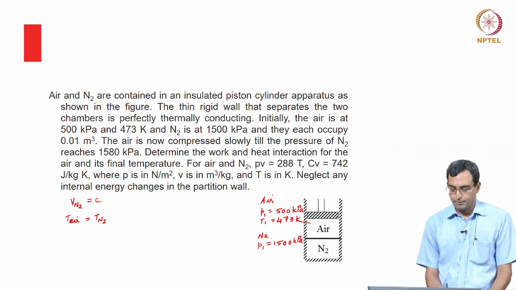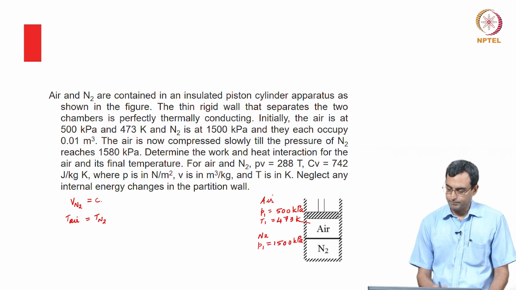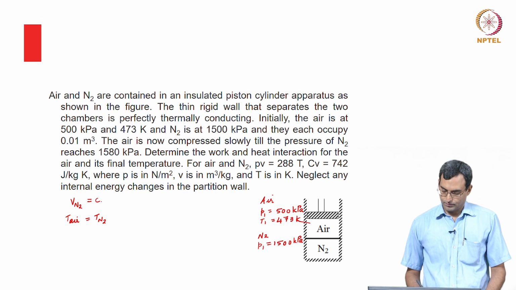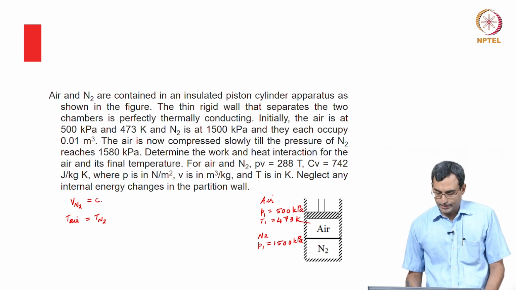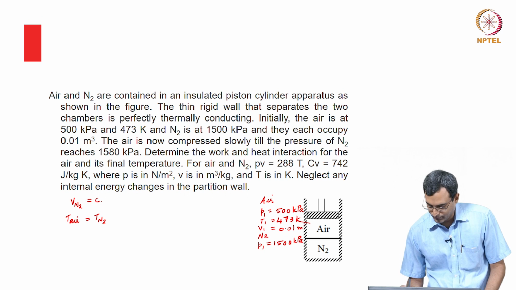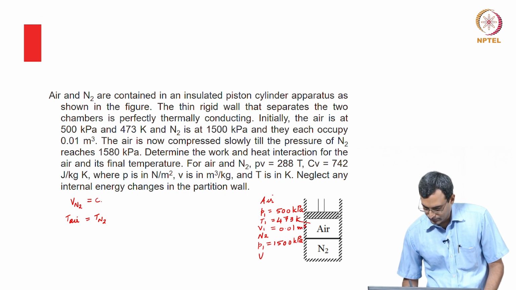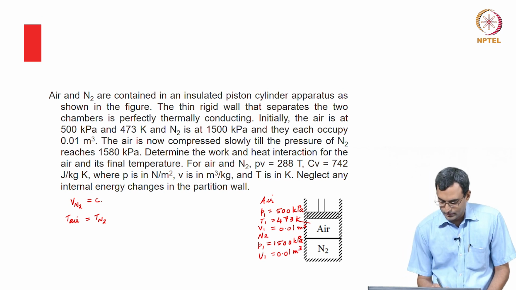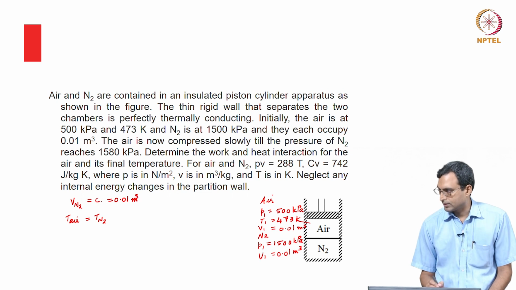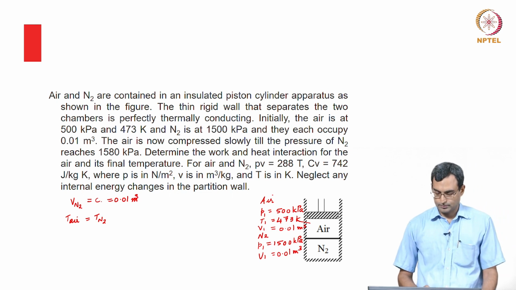Since the temperature of air and nitrogen should be the same all the time, the temperature of nitrogen also must be 473 Kelvin. They each occupy 0.01 meter cube. For nitrogen, this must be always the same, so that cannot change either.